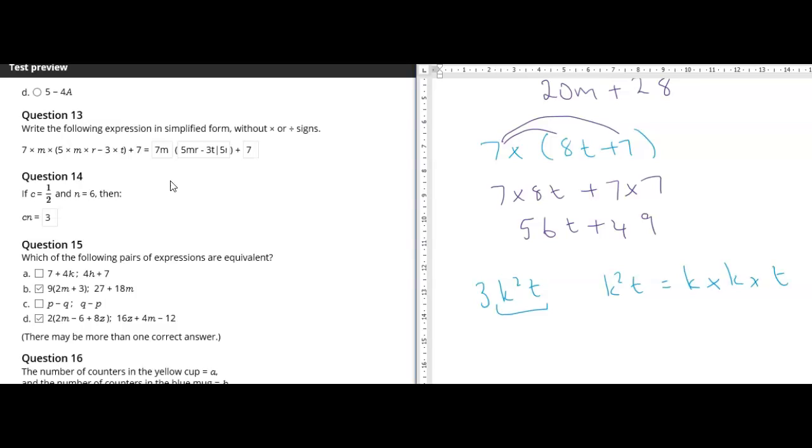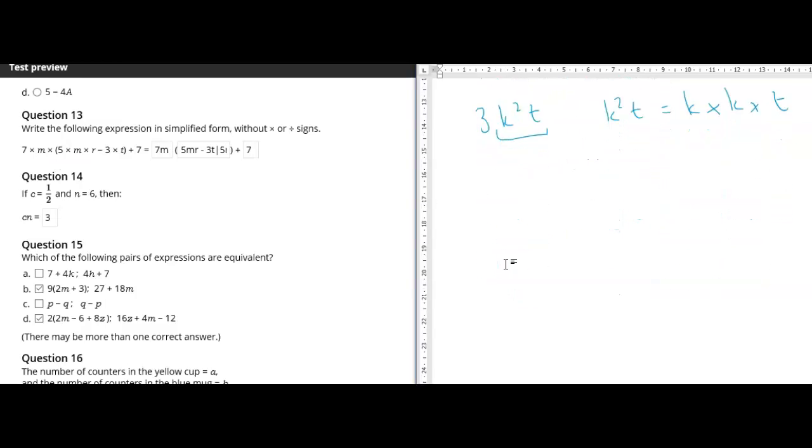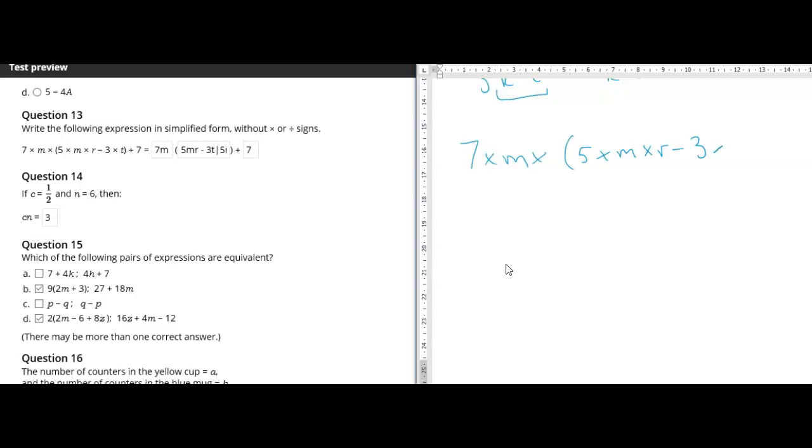Okay, so this one here, we've got to rewrite it without a multiplication sign. So I'm going to just rewrite it because it's quite long. 7 times m times, then we've got brackets, 5 times m times r minus 3 times t plus 7.